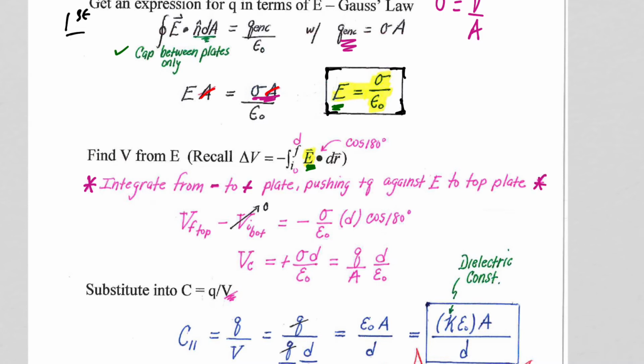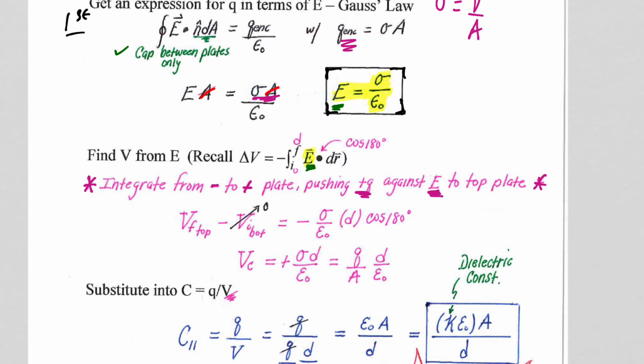You want to think about what is actually going on mechanically when you integrate from the negative plate to the positive plate. That's like taking a positive charge and pushing it backwards against the electric field to the top plate.